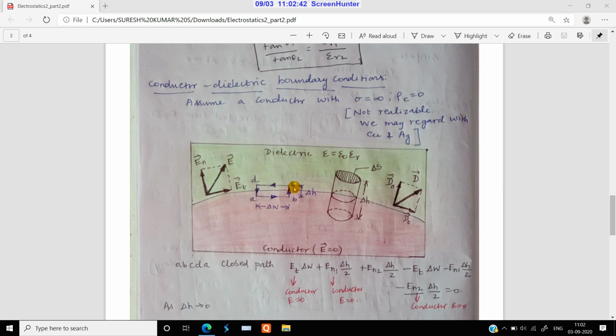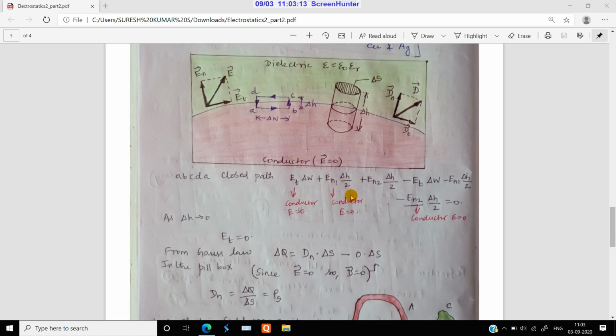If you travel from C to D, it is negative on the tangential component side, so minus Et del W. And if you travel along D to A, then we have two terms along the negative direction of the normal component, so minus En1 del H by 2 and minus En2 into del H by 2, which is equal to 0.